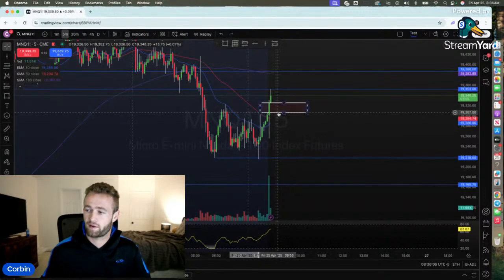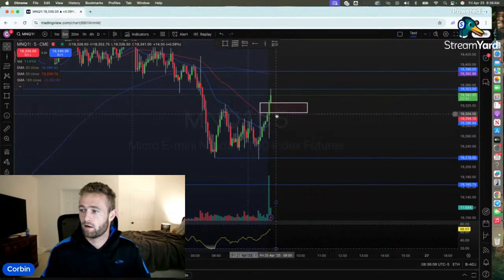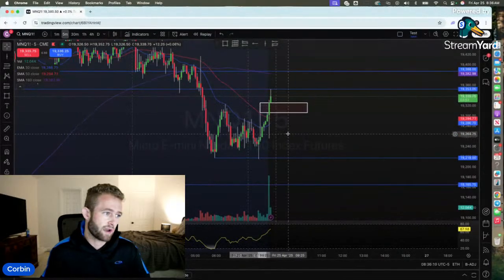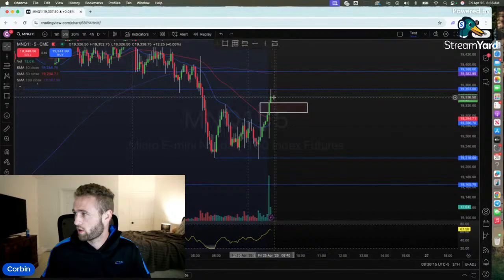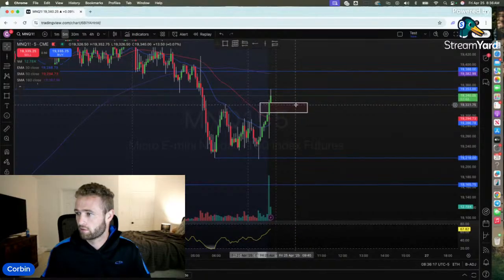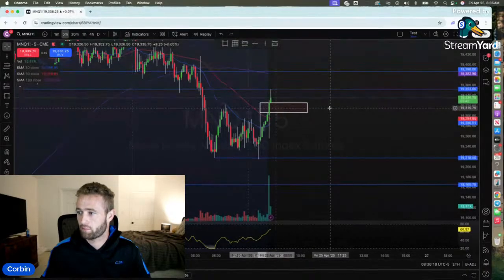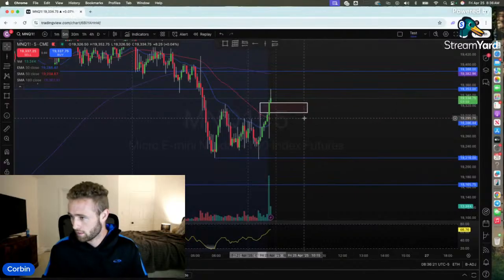Basically, an inverse fair value gap is just where a fair value gap gets disrespected. So it's approaching that level right there. We need to wait for this candle to close before it is even considered a fair value gap. But as of right now, it is.